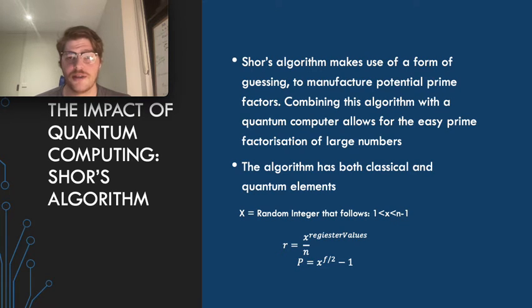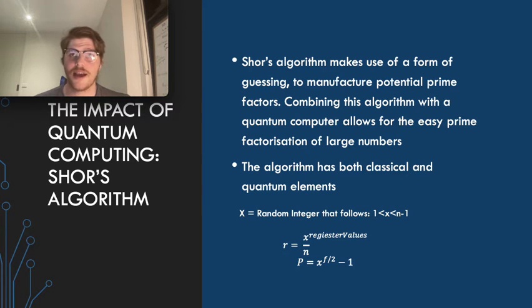After you take your guess of x, this will be raised to the power of all the register values, which exist in a superposition, and then this is divided by n. This will produce a register of r values that, based on their period, you will be able to understand the frequency, which will then be used for f in the equation at the bottom, which is p equals x to the f over 2 minus 1.